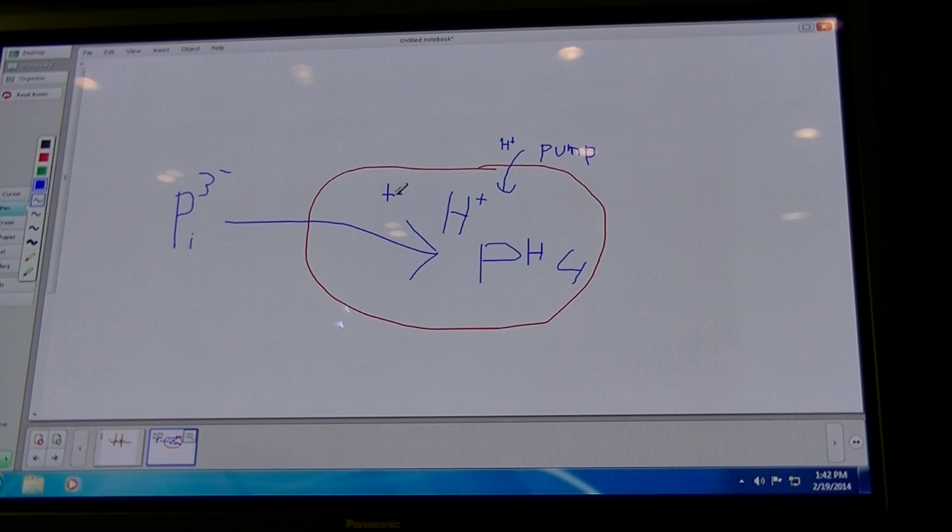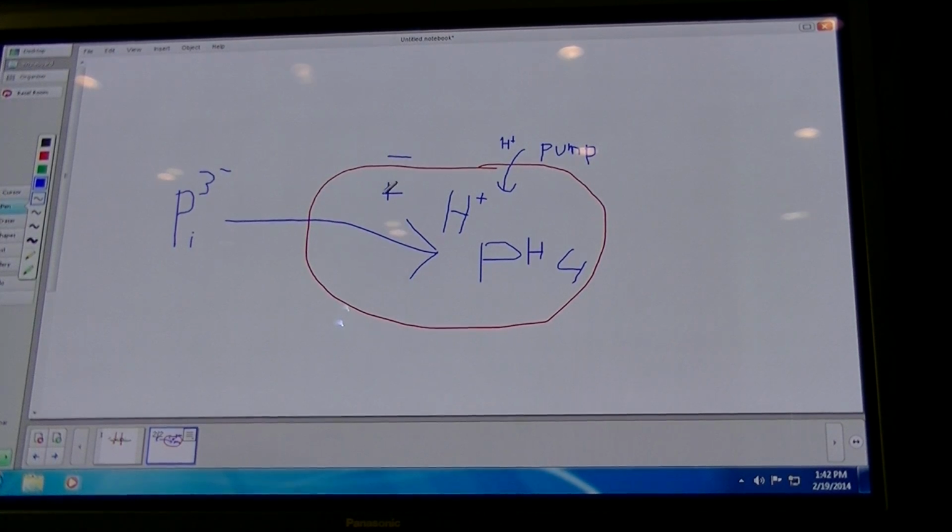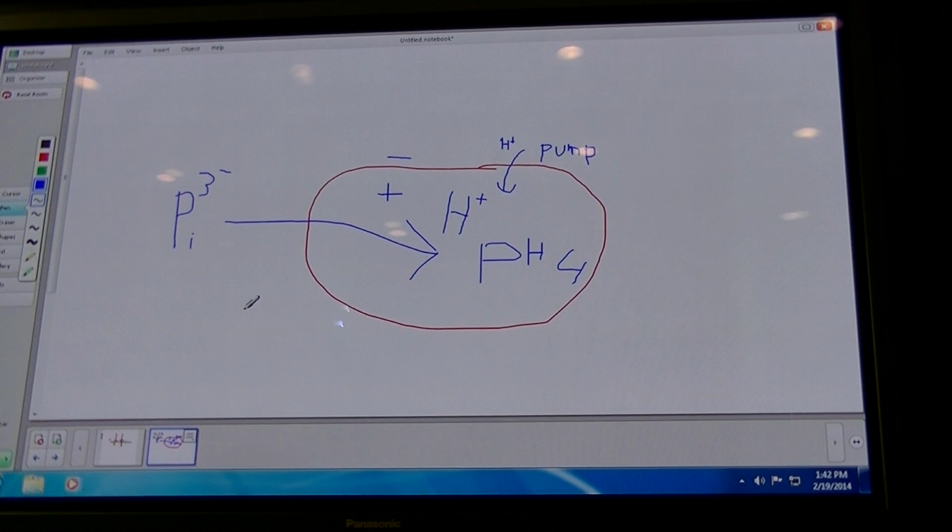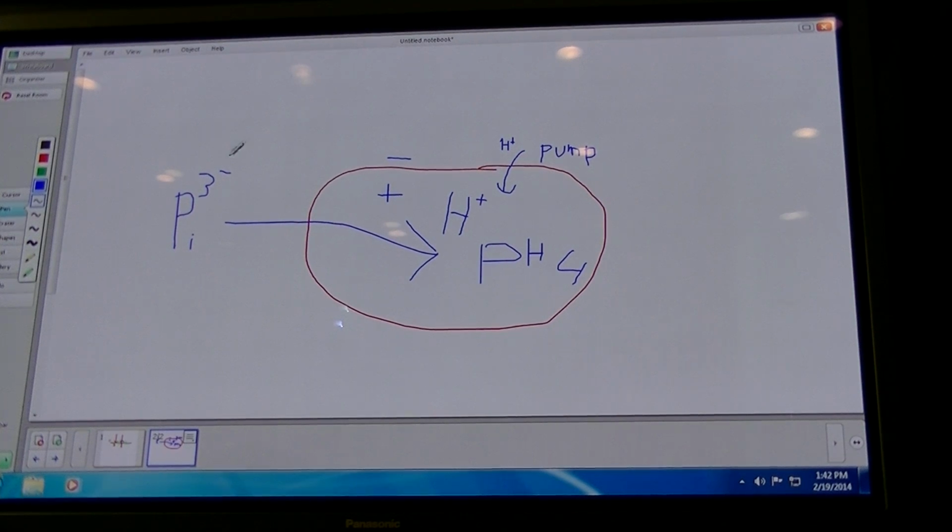It's positive in and it's negative out. Cool. Okay, so now is the movement of phosphate favored by the membrane potential? Yes, very favored, because there are free charges on the phosphate that are all pulled in.